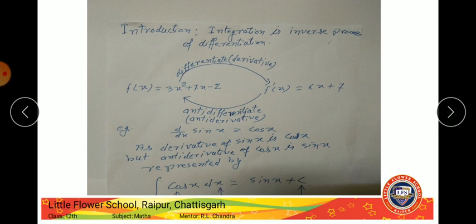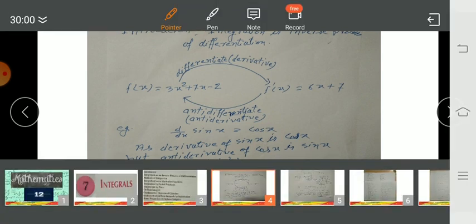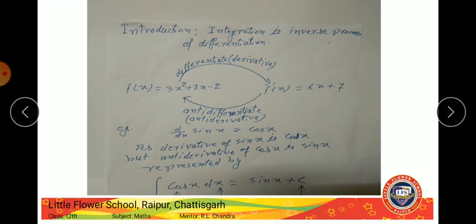For example, we see d dx of sin x is equal to cos x, so antiderivative of sin x is cos x, but antiderivative of cos x is sin x.